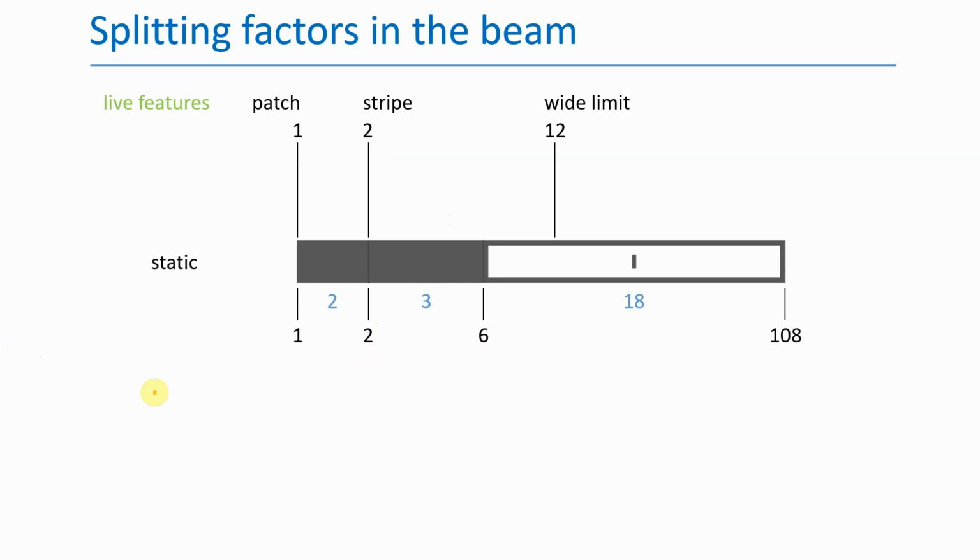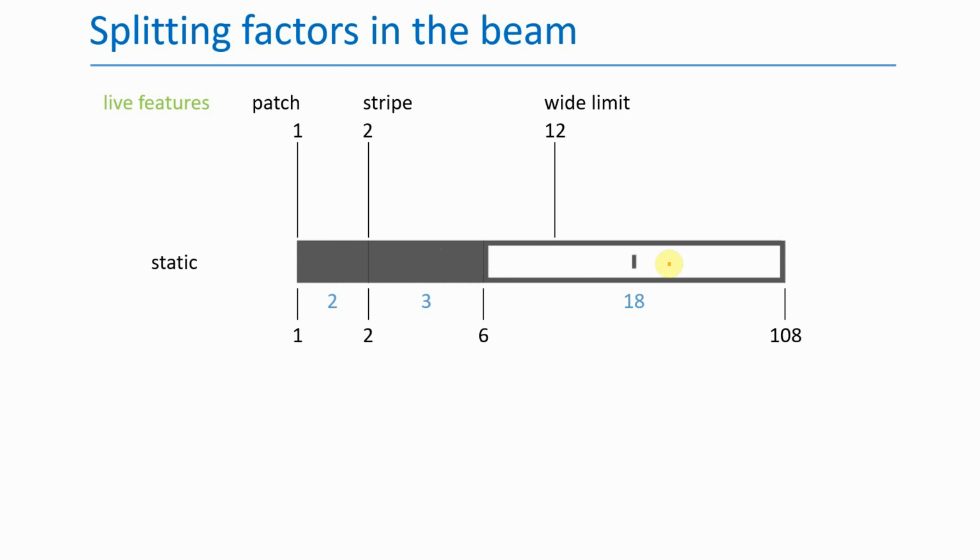Then, to determine the sizes of the subfactors, we just take the ratios of adjacent features. 2 divided by 1 is 2, and 6 divided by 2 is 3. So the subfactors are sizes 2 and 3. The original factor was plenary, so the subfactors are also both plenary.